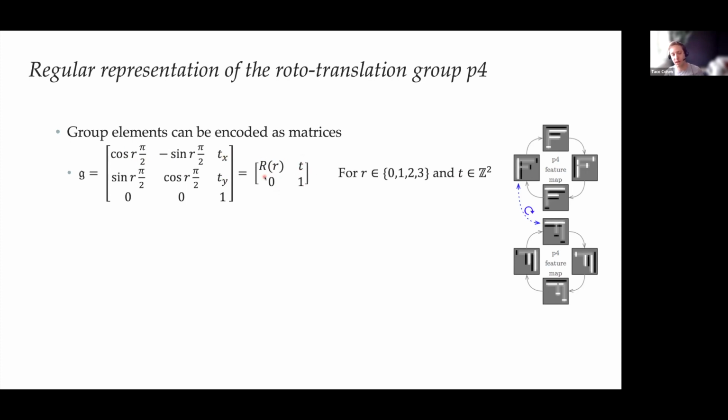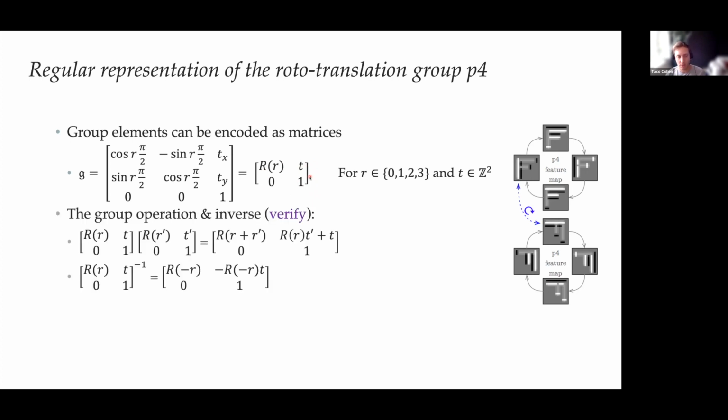You can verify that when you compose matrices like this, that's the correct way to compose rotations and translations. You might have seen this in a computer vision class, for example. And you can also see that if you apply this to a two-dimensional vector with an added 1 as a third component, this gives the correct way to transform a two-dimensional point in the plane.